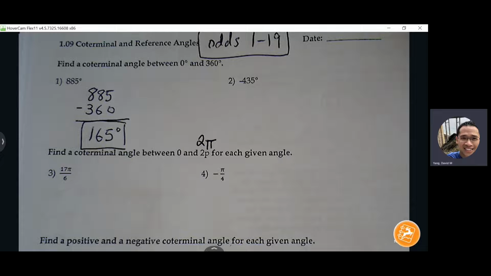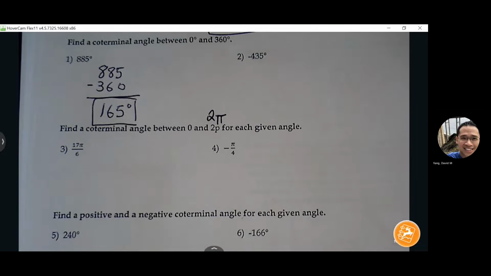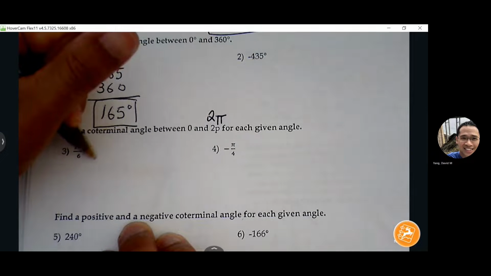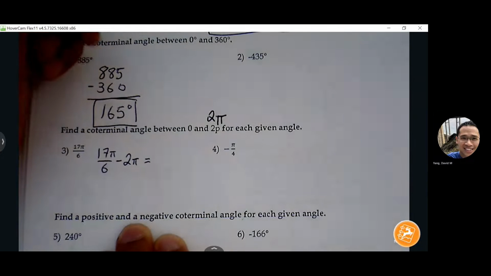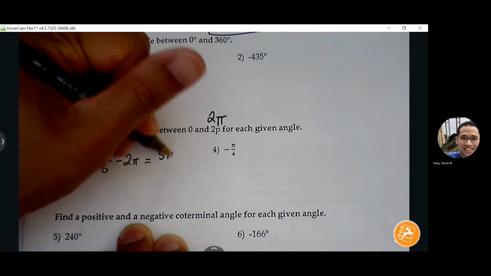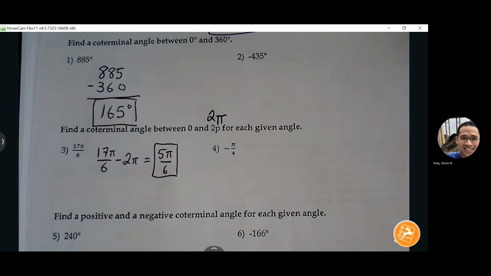Could you also add your 16 to 85? Yes, that's right. So there are infinite numbers of coterminal angles. As long as you find one of them, so for 1 through 7, I'm just creating what could be an answer.